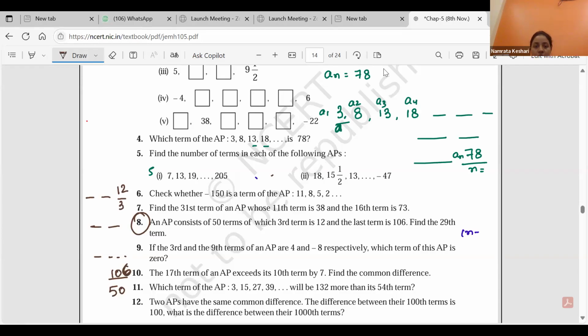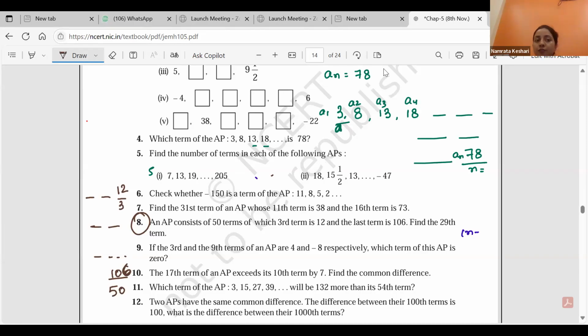Yes, ma'am. 50 terms are there, last term is 106. These two things are related to each other. The question is trying to confuse us. First they say that a total of 50 terms are there, then they say the last term. Why not say directly that the 50th term is 106?